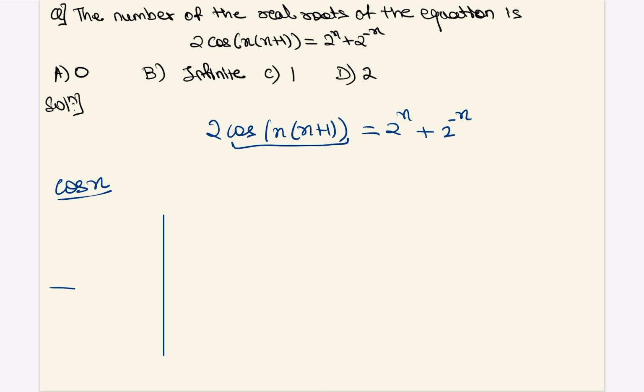That is the range for this function. If I multiply by 2, then I multiply all of the values by 2, so it's from minus 2 to 2. Fair enough. So this is my cos function.